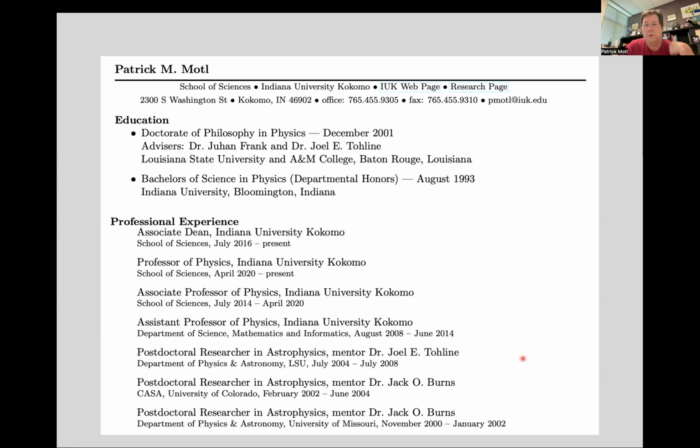I was a postdoc for a while after that. My first postdoc started at the University of Missouri and then moved to the University of Colorado, the Center for Astrophysics and Space Astronomy, in clusters of galaxies, numerical cosmology.